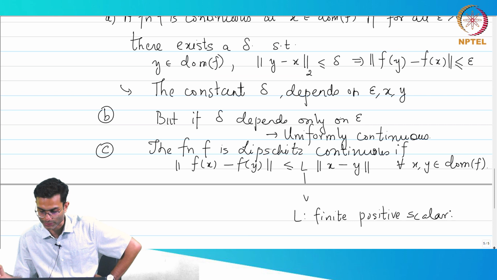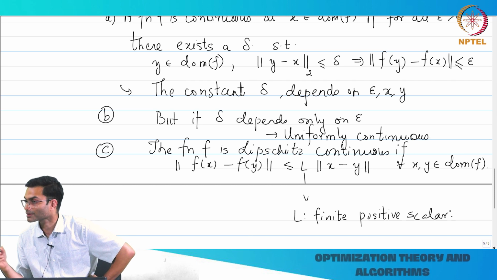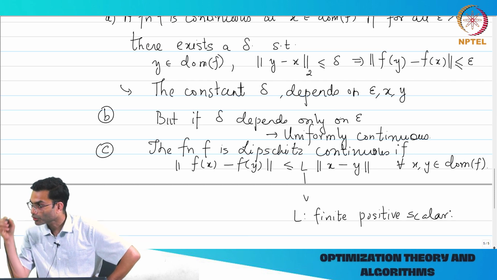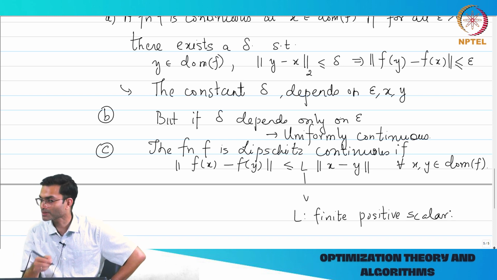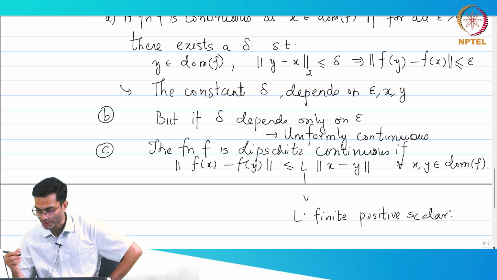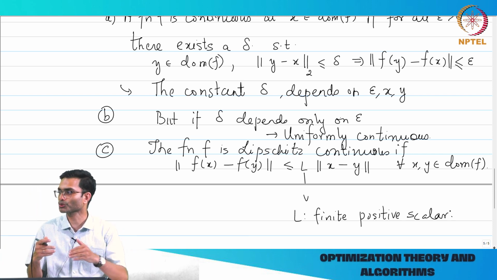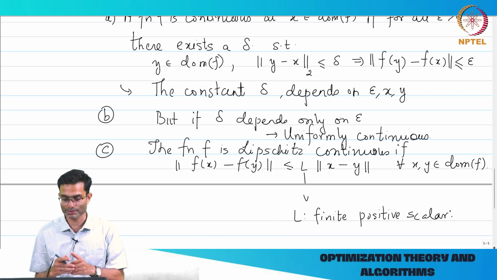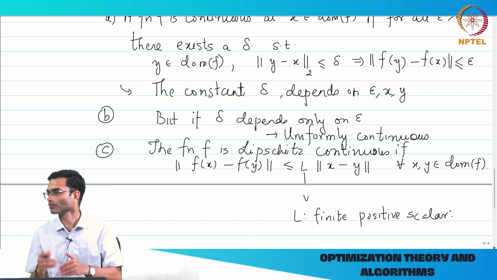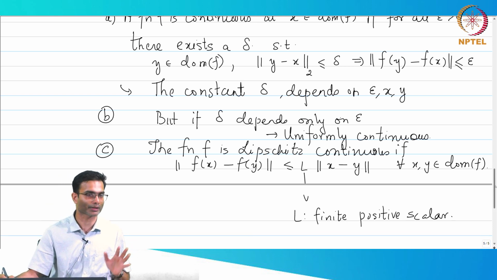The trouble is that epsilon and delta can depend on x and y. Then your constant of proportionality will become a function of x and y. But here we are saying that it is a positive quantity. So to clarify this, let's take a concrete example and show where a function is B but not C, or some combination of that. Just looking at the definition is a little confusing, I agree.